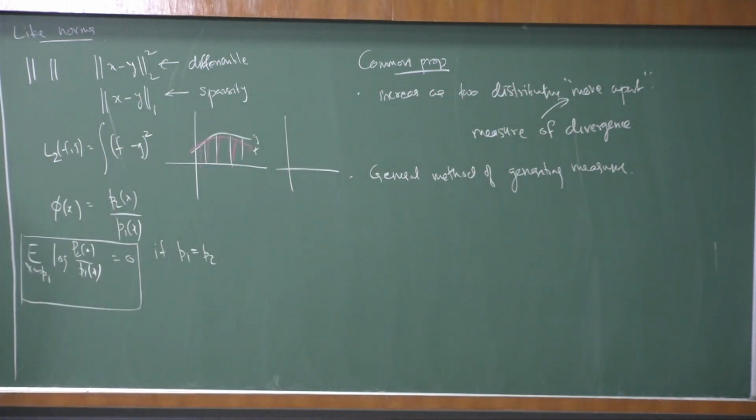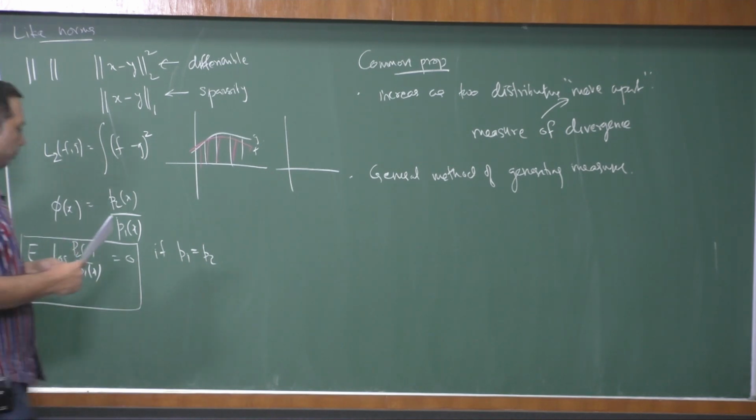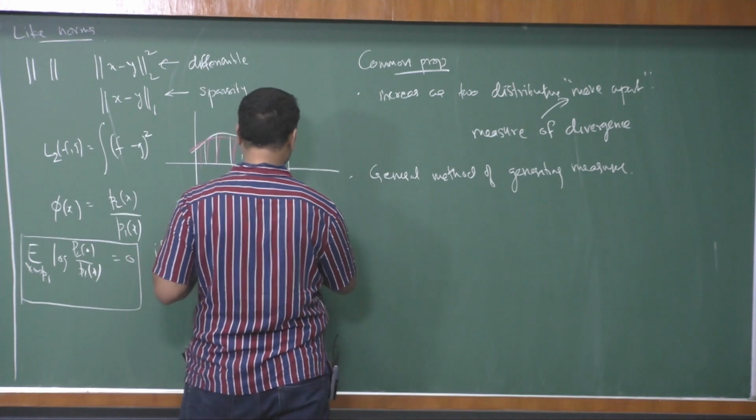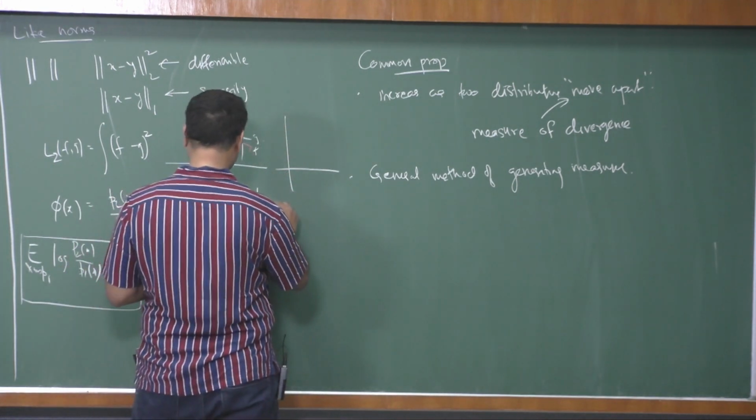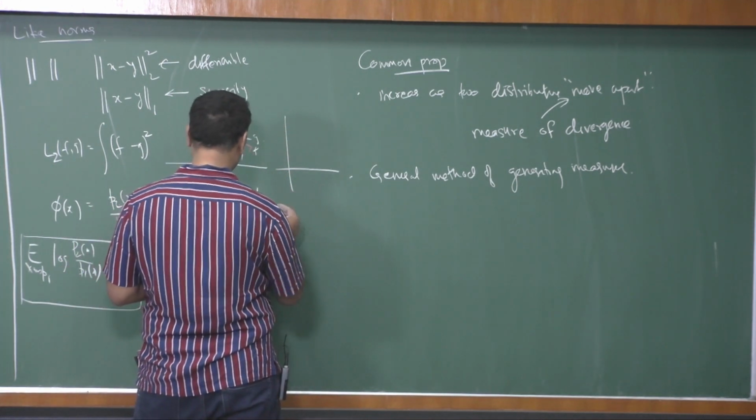Since they are probability distributions, just the L2 norm and all these things won't make sense in this case. So one of the probability measures is by Kullback and Leibler. So let us start with one of them.